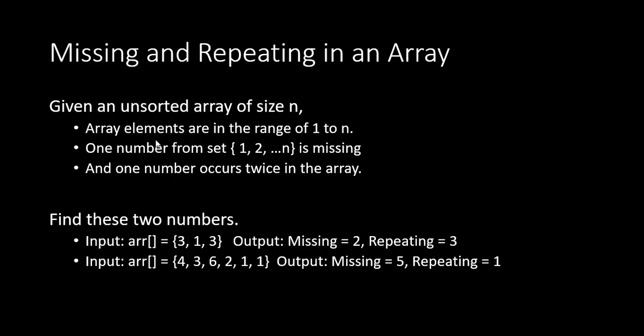For example, in 3, 1, 3, 2 is missing here in the series, and of course 3 is repeating. Same goes with the next example, 4, 3, 6, 2, 1, 1. Here 1 is repeating, and as you notice, 5 is missing because we have numbers till 6. Okay, so how to go about it?